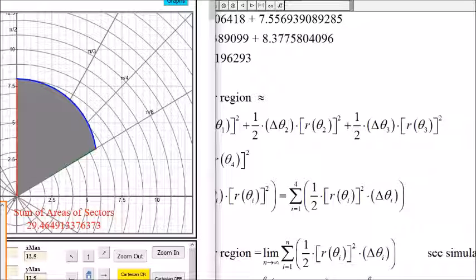This is 105, 110. And now let's fill it up with 1,000 sectors. And this is filling it up with 1,000 sectors. We can see that if we add the areas of the 1,000 sectors up, that will give us the answer of 29.41, the sum of the areas of the sectors.